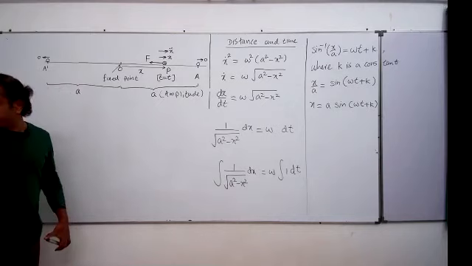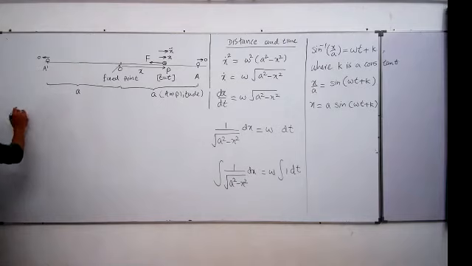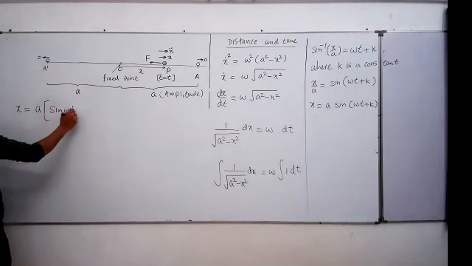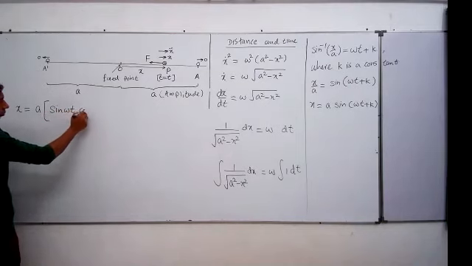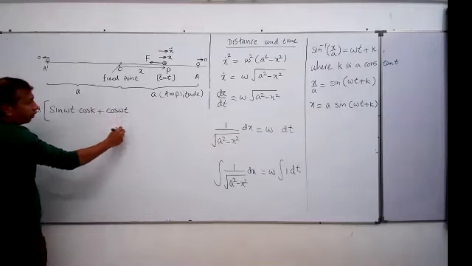Now I can remove the brackets. I read it here: x equals a times sine omega t into cos k, plus cos omega t into sine k.